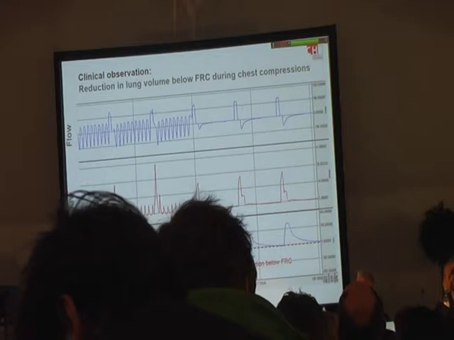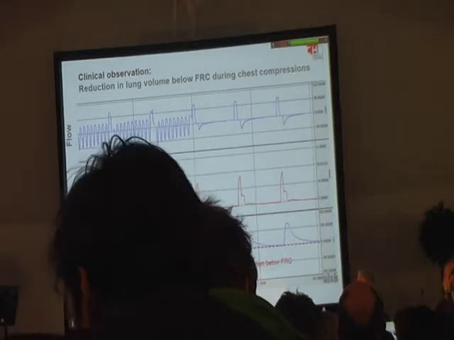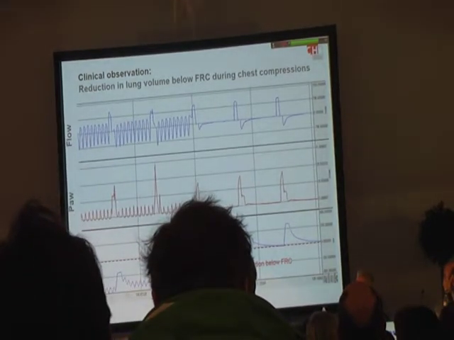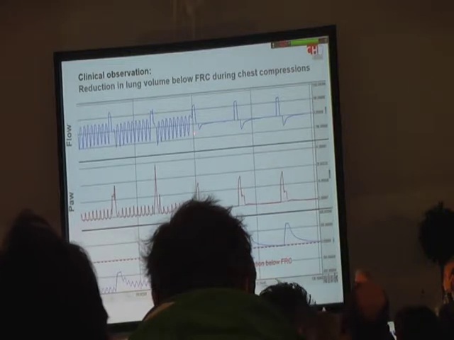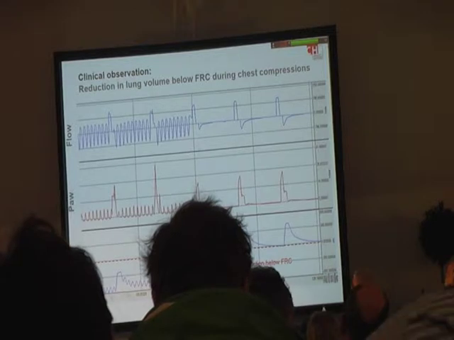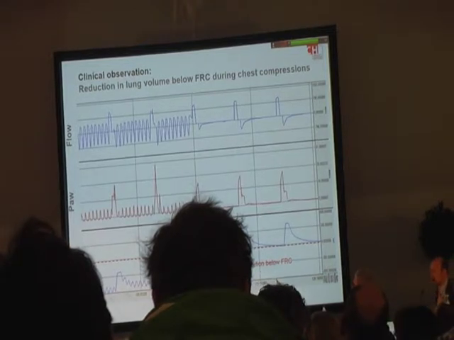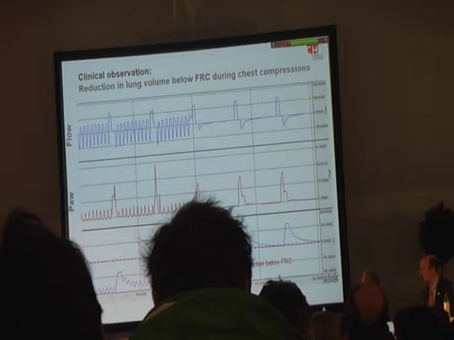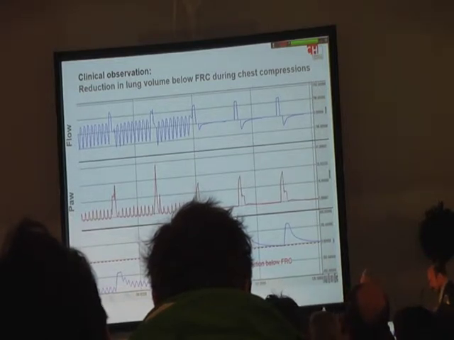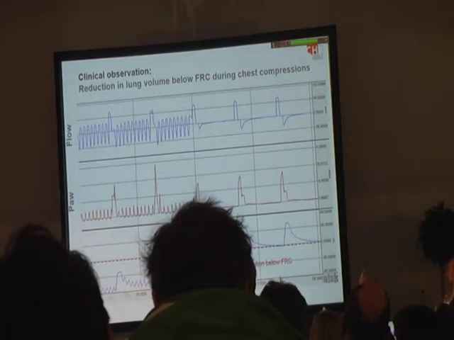The first finding is in this slide, on a real out-of-hospital cardiac arrest patient: you can observe the flow and the airway pressure measured at the endotracheal tube, at the airway opening. On the bottom line, this is a reconstitution of the lung volume during resuscitation.